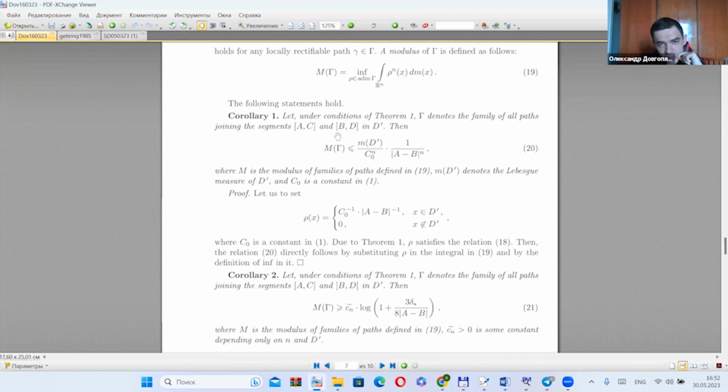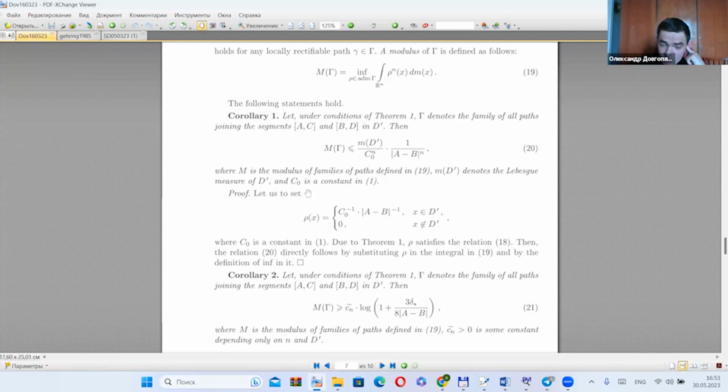Under the conditions of theorem 1, let gamma denote the family of all paths that join the segments AC and BD in D prime. Then inequality 20 is true, where M is the modulus of the family of paths defined in 19, and M of D prime denotes the Lebesgue measure of D prime. And C0 is this constant from theorem 1, which we received earlier.